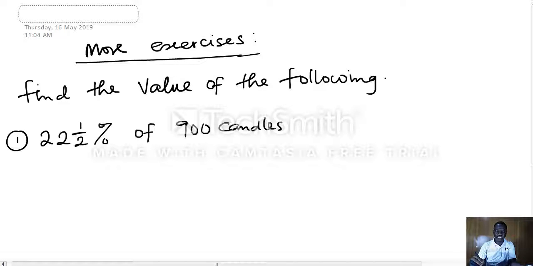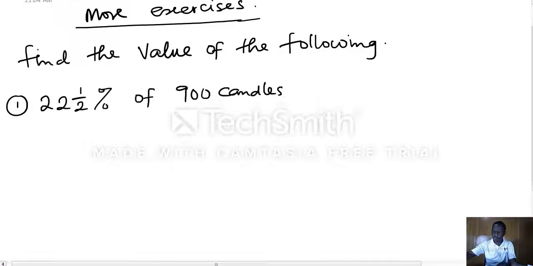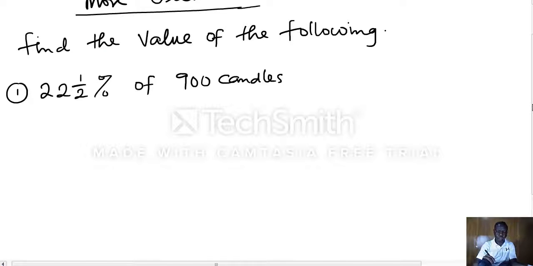Let's take more exercises on percentages of quantities. Question 1 says we should find the value of the following: 22.5% of 900 candles.